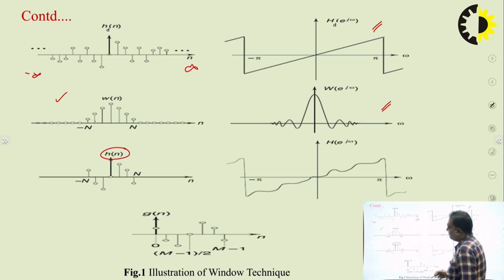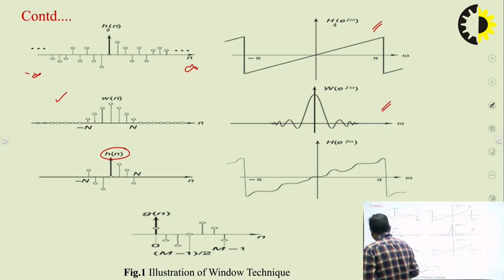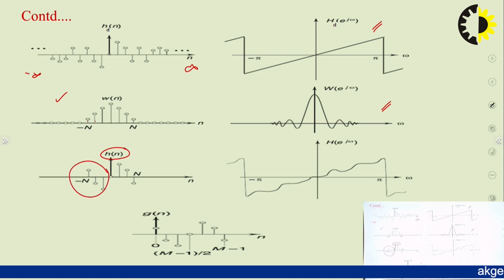Okay. Now, because we want to realize the FIR filter, so what happened? Because you can see this is non-causal in nature, we can make it causal. We can make it causal by providing a delay of n units in time. Okay. So if you are providing a delay of n units in time, then this sample will start from here, and let's say we are calling it as g[n]. Okay.